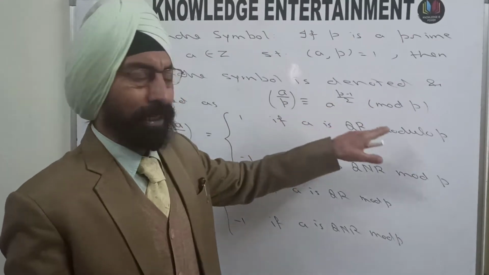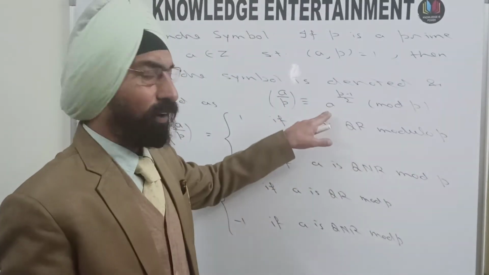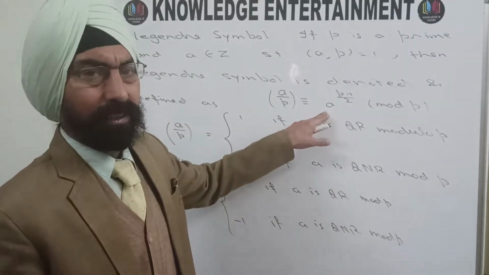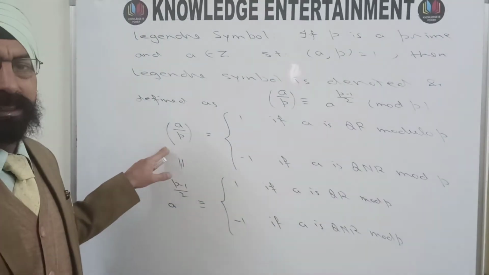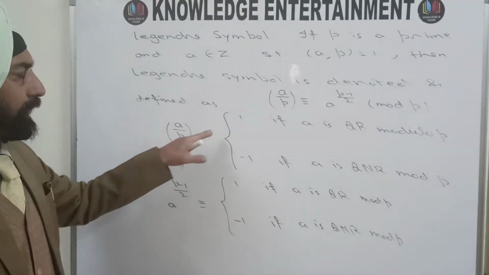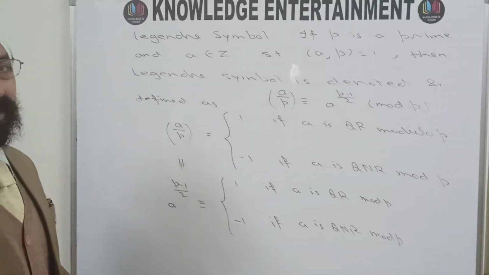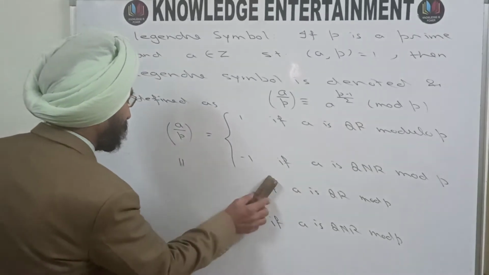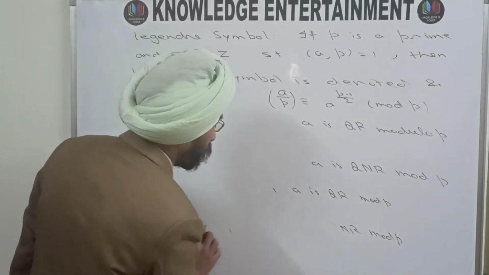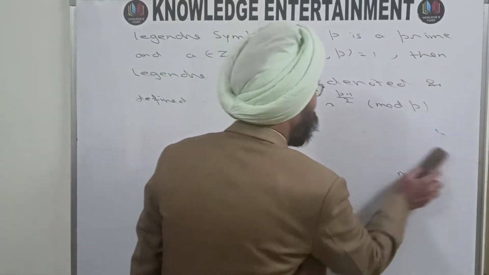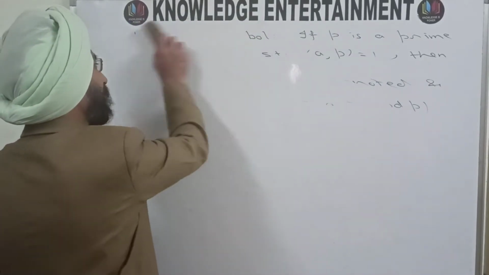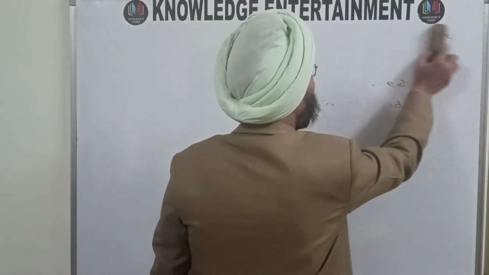If A is a quadratic residue of P, you will get 1, and if A is a quadratic non-residue modulo P, you will get -1. And this definition will obviously be satisfied. So this is the definition of Legendre symbol, and simultaneously we have seen the result of Euler's criterion regarding Legendre symbol.